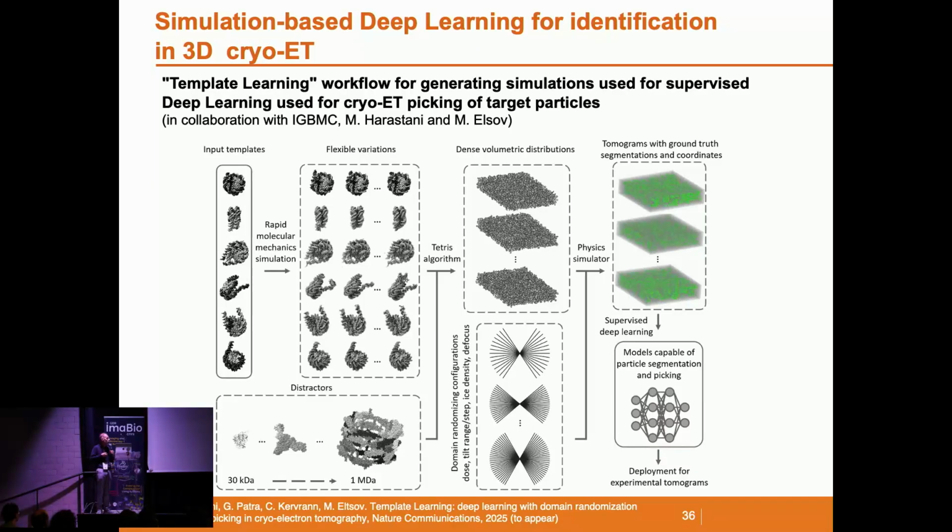That means you have to introduce some corrections, such as the missing wedge, plus noise, and so on, to get realistic, if possible, volumes. And then we train DeepFinder on these simulated data.